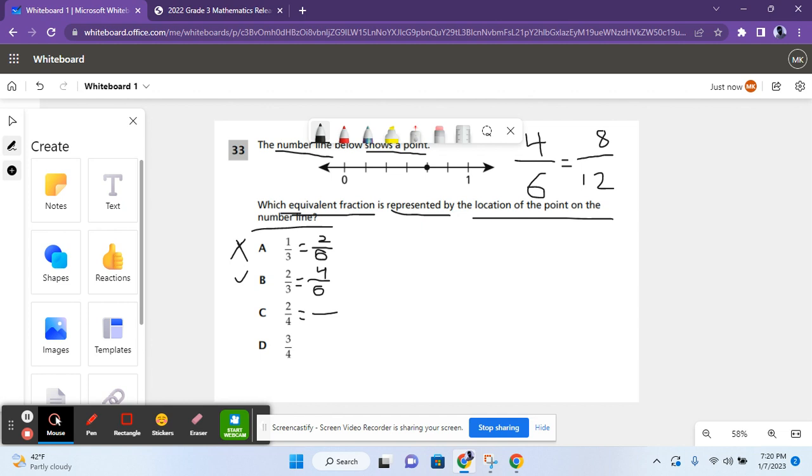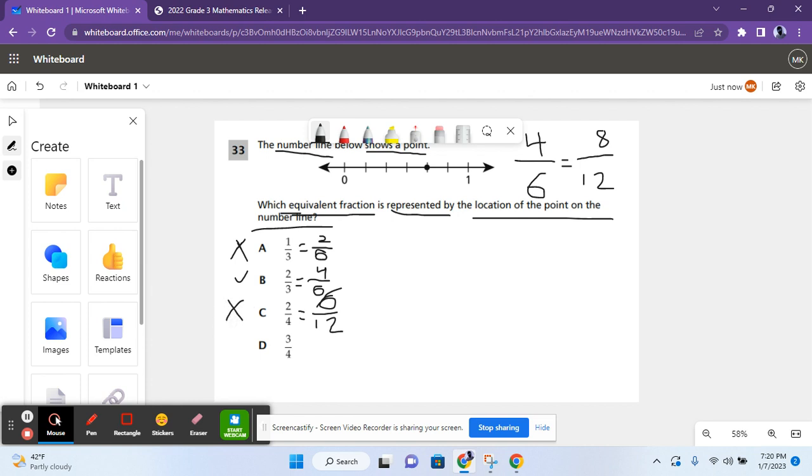And you have to multiply the numerator and denominator of 2/4 by 3 to get a denominator of 12. 4 times 3 is 12, and 2 times 3 is 6. So 6/12 is not the same thing as 8/12. So C is not a correct answer.